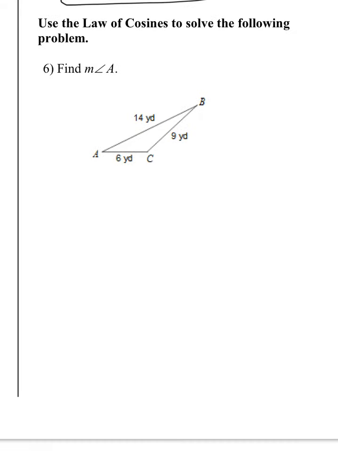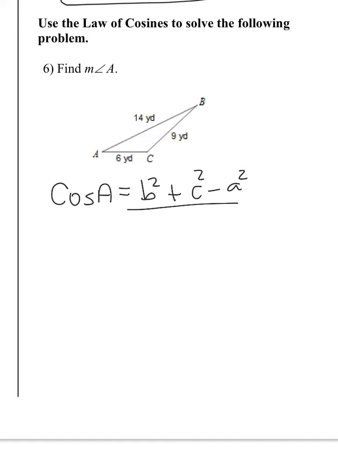In problem number 6, we're using the law of cosines to solve for angle A. We're trying to find angle A, and all we're given are the 3 sides. So we're going to use our cosine formula. Cosine A equals b squared plus c squared minus a squared all over 2bc.